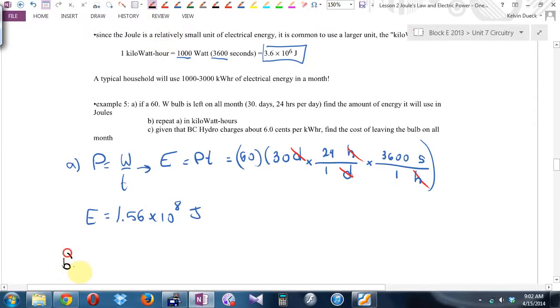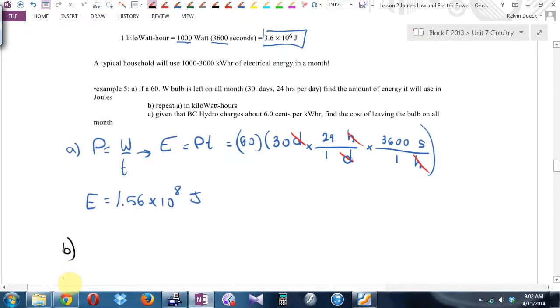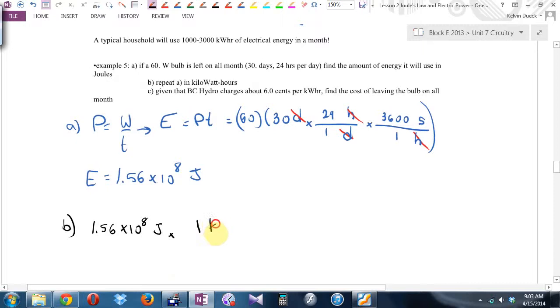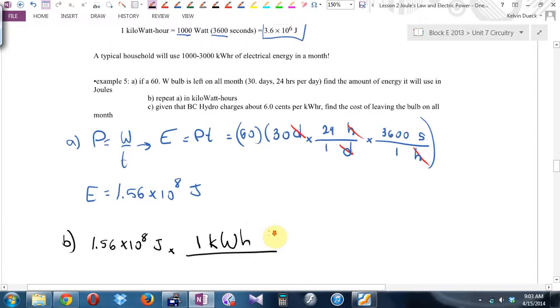B says, repeat in kilowatt hours. Okay. If I want to change this to kilowatt hours, it's 1.56 times 10 to the 8th joules. And the conversion factor I have is 1 kilowatt hour is the same as, what did I have up there in the box? 3.6 times 10 to the 6th joules.